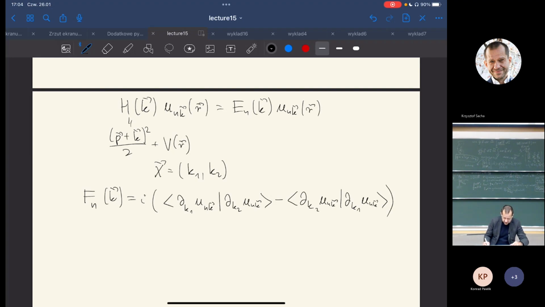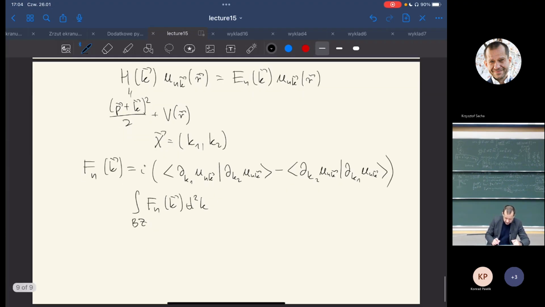And of course, once we have Berry curvature, we can calculate the flux of this Berry curvature through any surface, and we can calculate it through the Brillouin zone. And what else?